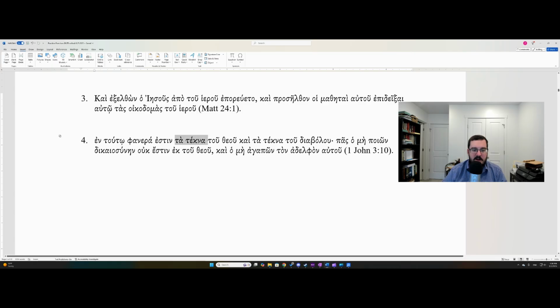So ta tekna, tou theou. There's ho theos again, in the masculine genitive singular, and then we have ta tekna, tou diabolou. Again, ta tekna, we know this is a neuter plural, could be accusative or nominative. In this case, it's a nominative. And again, there's reasons why we know that, but you guys haven't learned those things yet. And then over here, we have the article.